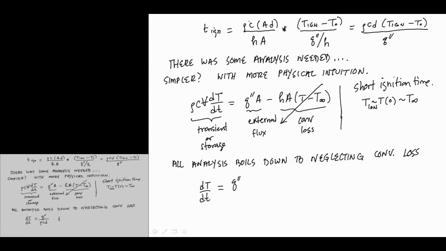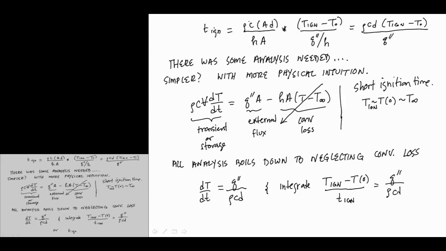And when we integrate this, it's trivial. It's (T_ignition minus T0) over t_ignition is equal to q over rho C d, or just the result that we had before, t_ignition is equal to rho C d times (T_ignition minus T0) over the external flux.